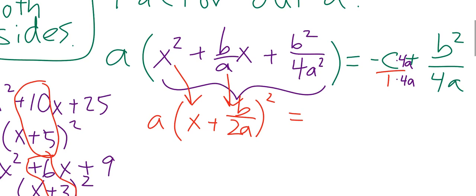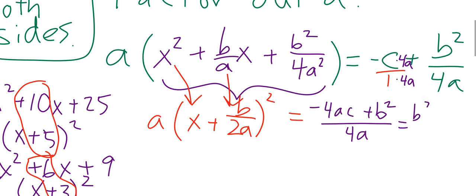And if I add them together, I'd have what? Negative 4ac plus b squared all over 4a. Now, you're not recognizing that numerator, more than likely, so let me switch it.